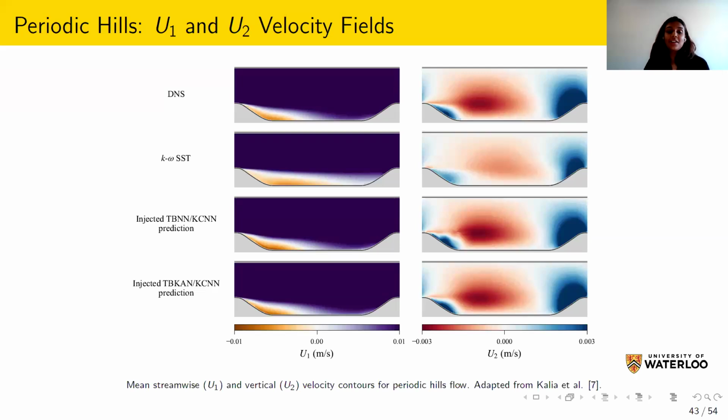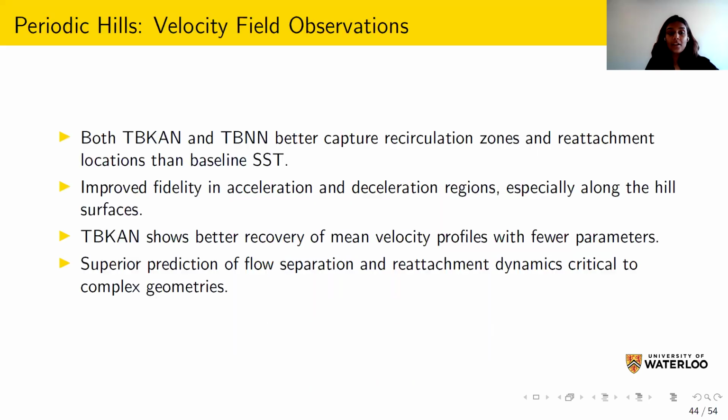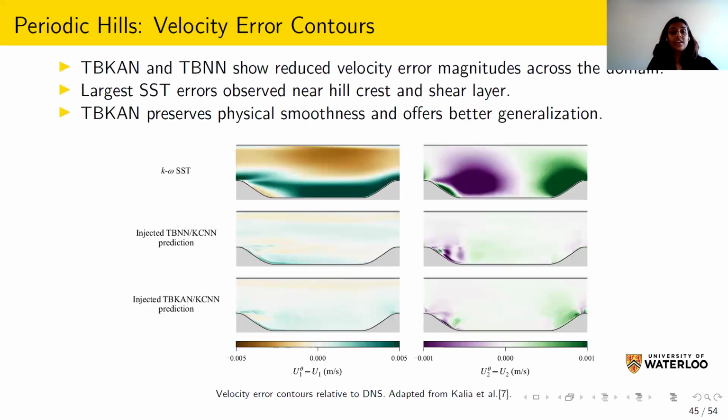Similarly, at the reattachment point, the TB-CAN does struggle when you compare it to the DNS data.